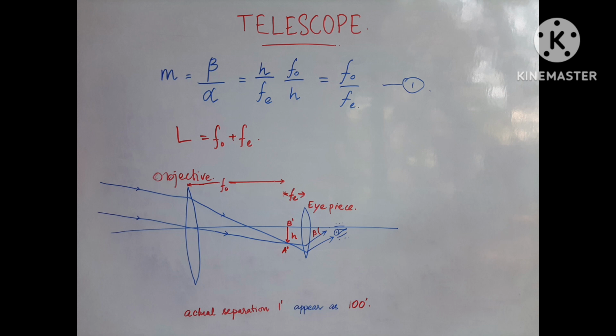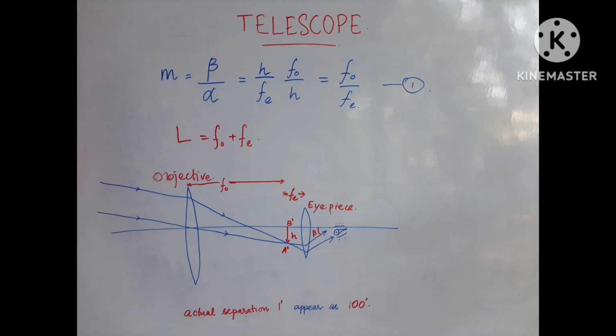Here we know that the objective's image is real and inverted, but the eyepiece image is also inverted, but it is virtual. So magnification can be found by the ratio of angle beta to angle alpha. What does beta mean?